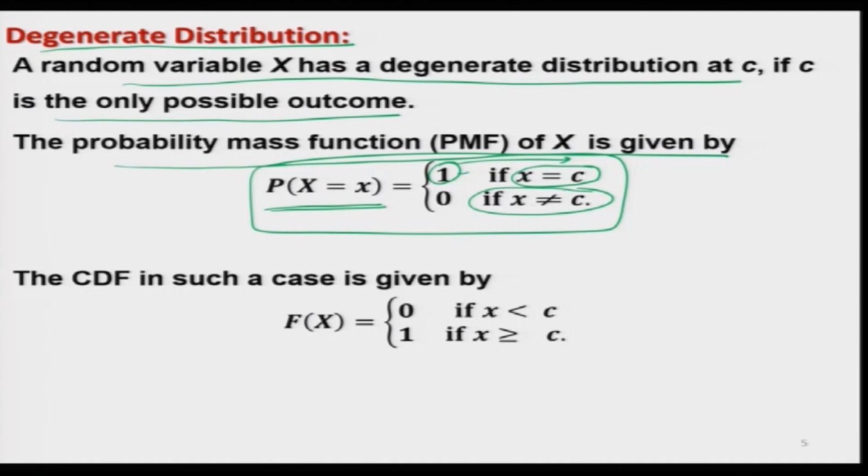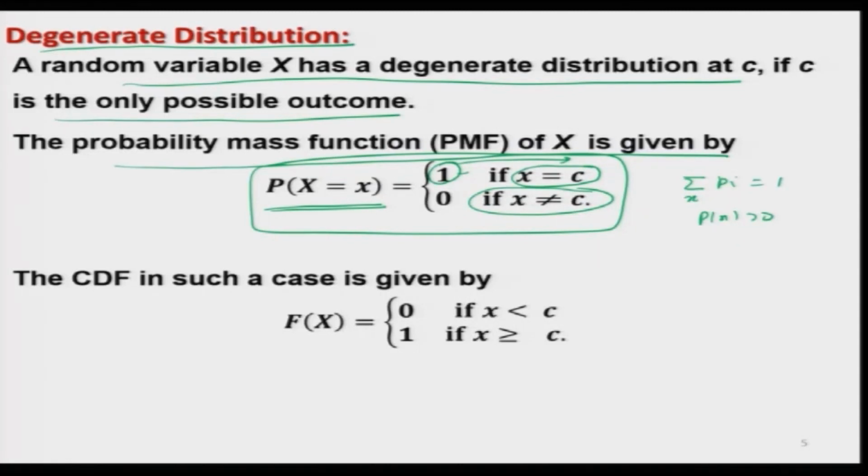And you can see here that both the conditions of a function to be a probability mass function, that the probability of x is greater than or equal to 0 and the summation over x is 1, are satisfied.